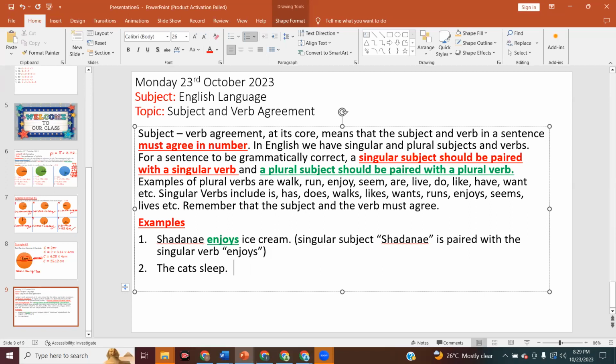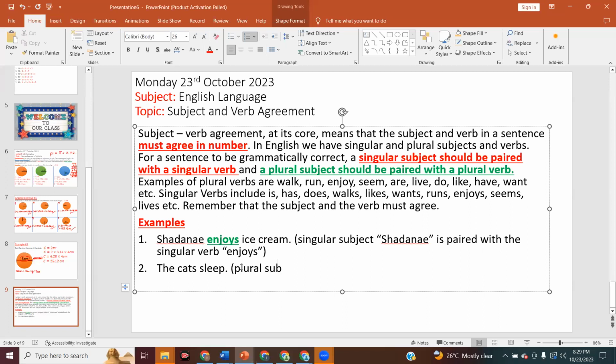So if we use a plural, remember cats is plural. We have to use a plural verb. And remember, plural verbs don't have s. So sleep is actually the plural verb.